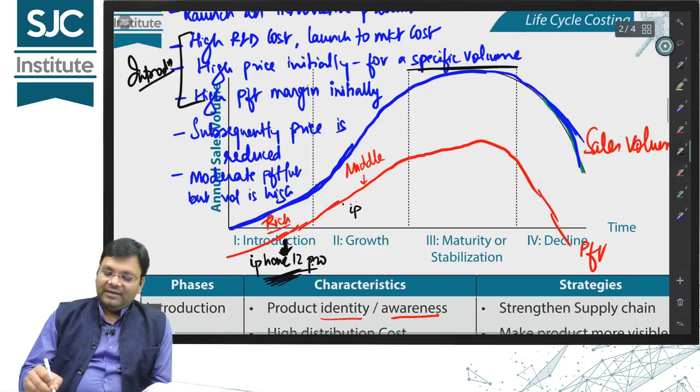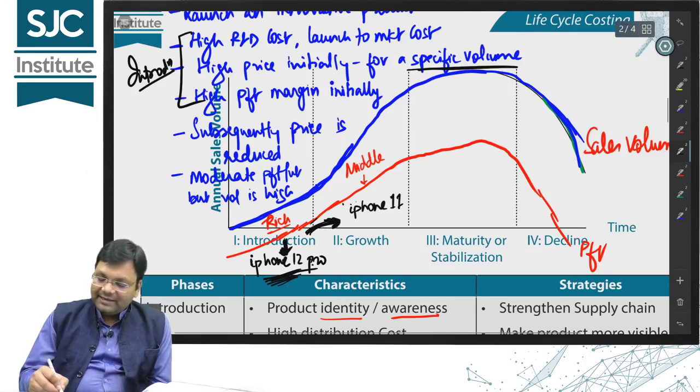So currently we have iPhone 11 moved from introduction to growth stage. And while this has been done, I remember I had bought iPhone 11 at 68,000, and now they have moved it to growth stage.